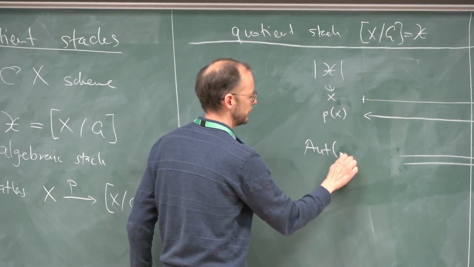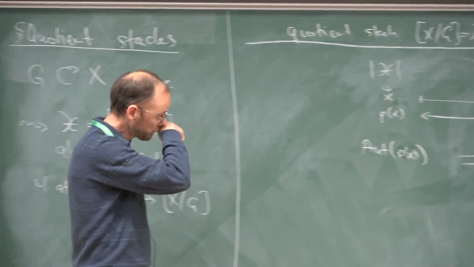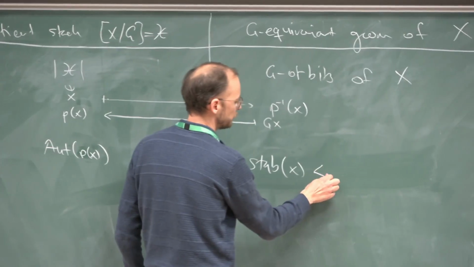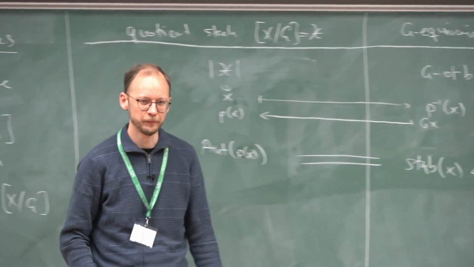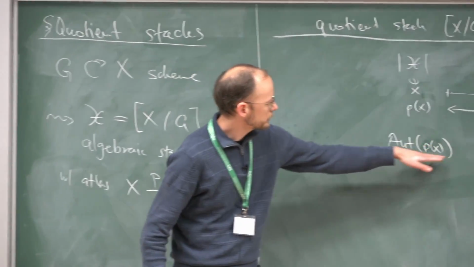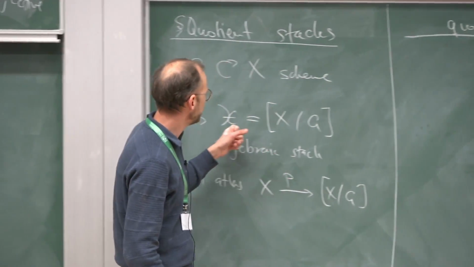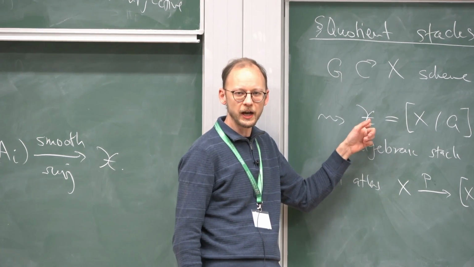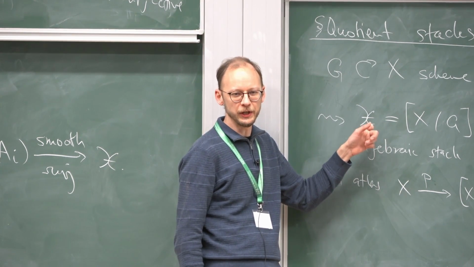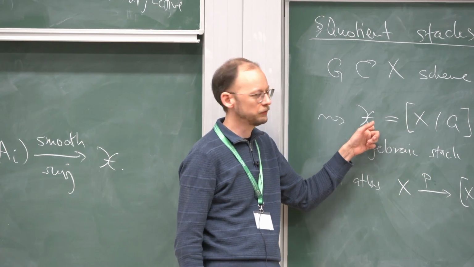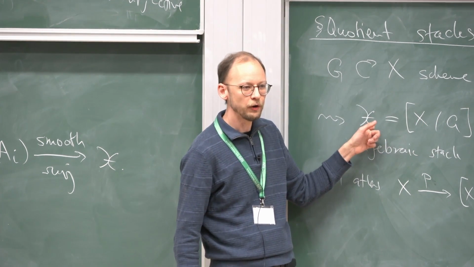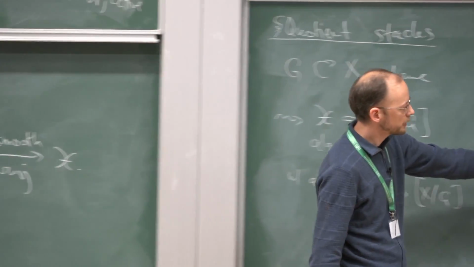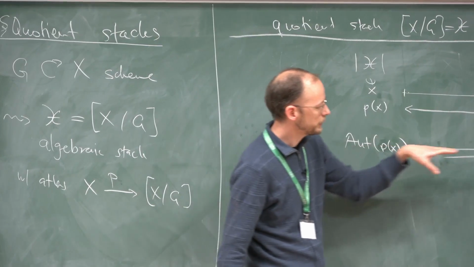So let's say that here we take P of X. The stabilizer group comes canonically as a subgroup of G. This automorphism group, which is associated to just picking a point here, does not remember G. So the stack curly X does not really know about G. For example, if G acts freely on X, then there are no automorphism groups here, and you can't recover G from X. So this does not come as embedded into G.